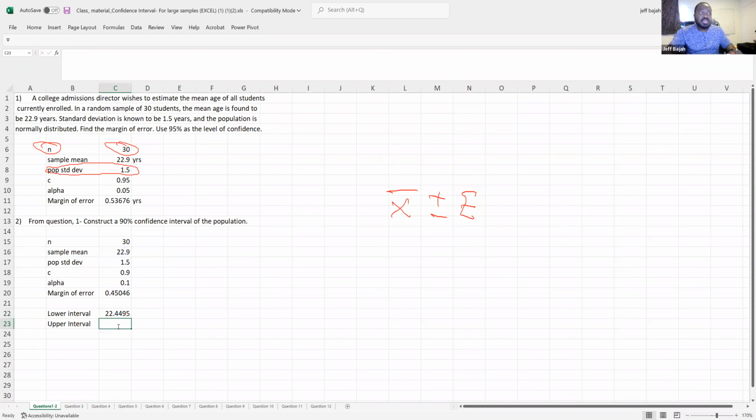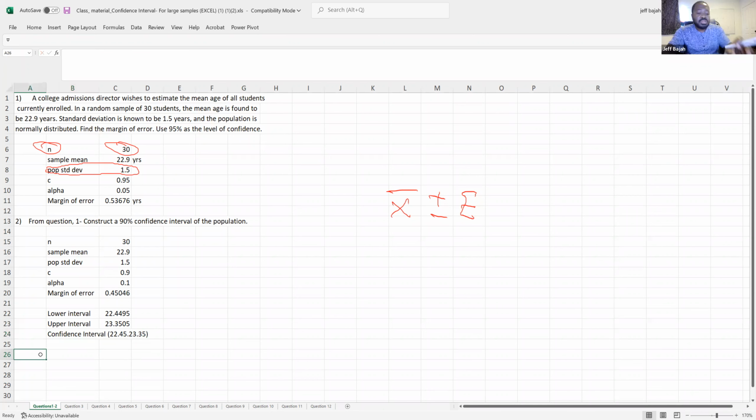And for the second one, it will be our sample mean plus a margin of error. So you can see that we can write the confidence interval as 22.45 and 23.35, and we know these are in years.